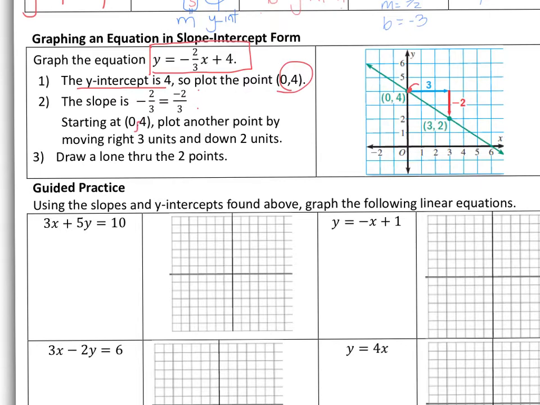Okay, so I'm going to start from 0, 4. Okay, and then I'm going to move 2 units down because it's negative 2 in the numerator. And then 3 units to the right.